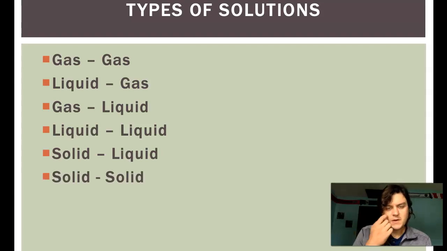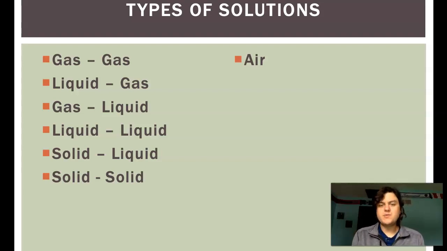All right. So here are 6 different situations where we look at different states of matter being involved in a homogeneous mixture, or a solution if we want to use that language. In a gas-gas mixture that is homogeneous, air is a really wonderful example. The air that we're breathing right now is about 70% nitrogen, and around 20% oxygen, and a handful of other things.